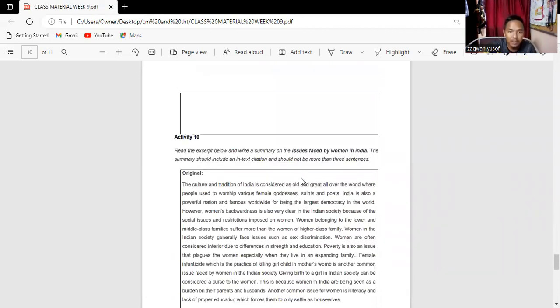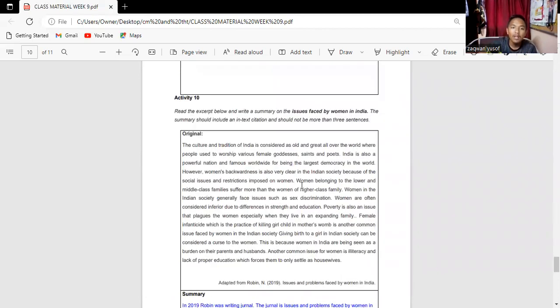Okay, the next activity. The original: the culture and tradition of India is considered great all over the world, where people worship various female goddesses, signs and poets.